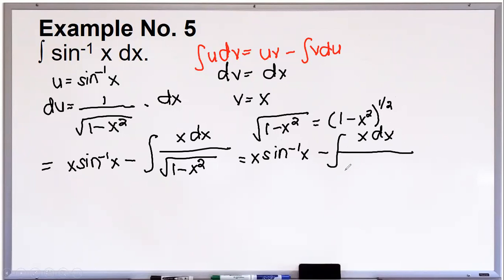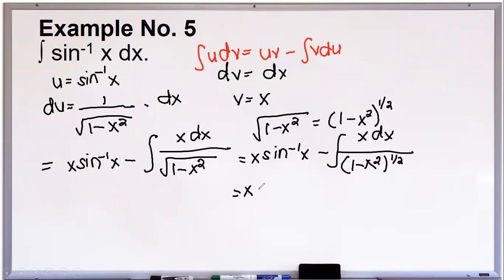So, i-divide mo by 1 minus x squared raised to 1 half. Pwede natin iakyat. So, magkakaroon lang itong nasa denominator, magkakaroon ka lang ng negative na exponent.